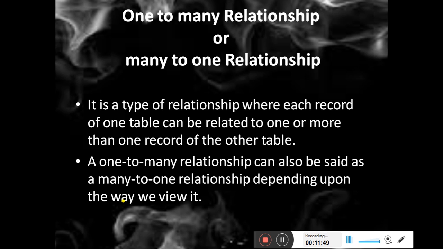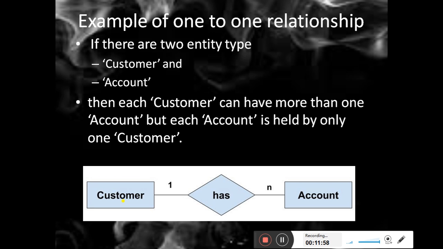So it depends upon the way we view it. This is the example, customer and account. These are two tables where each customer may have more than one account, but each account is held by only one customer. So this is one-to-many relationship or many-to-one relationship.